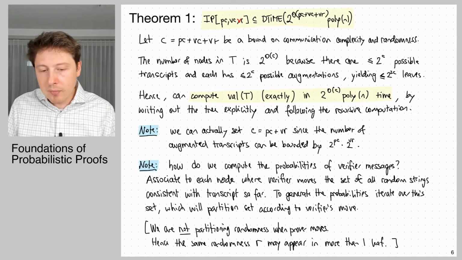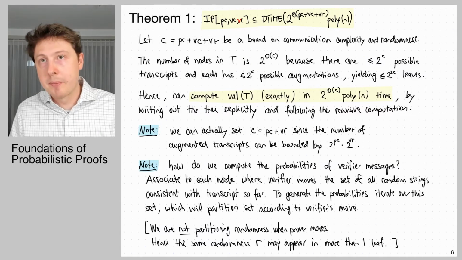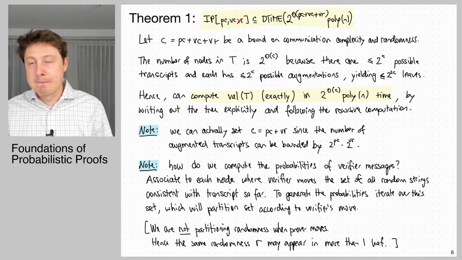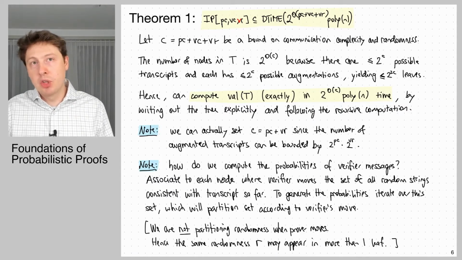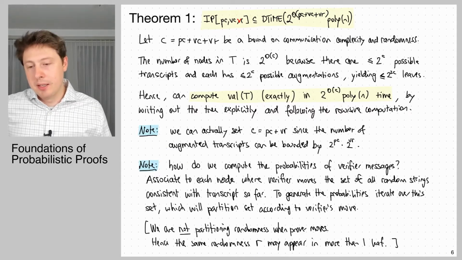But the depth of the tree is related to the number of rounds, and PC and VC don't really change the tree, right? They change the fan outs, and they also change how deep the tree is.